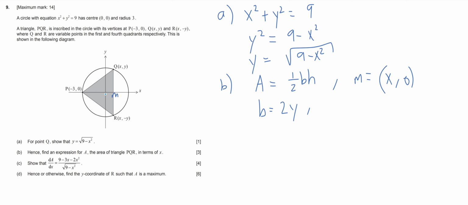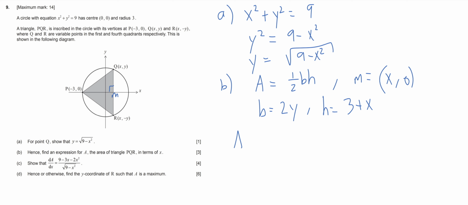Here to here is x, here to here is 3, so 3 plus x is the height of the triangle. H is 3 plus x. And H is the perpendicular height, since QR is perpendicular to the x-axis, so I'll put in the right angle symbol there. Okay, so H is 3 plus x.